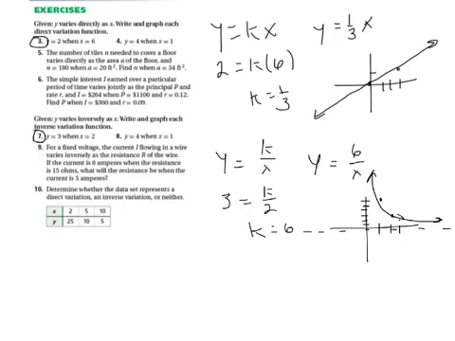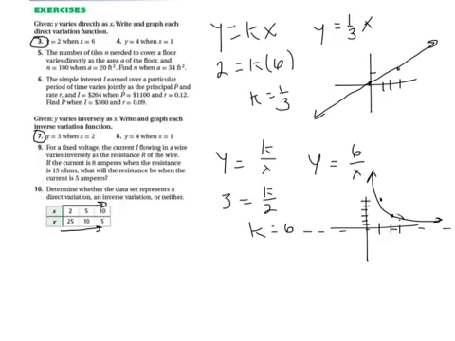And then they ask, determine whether the data set represents direct or inverse variation or neither. Well, direct variation has to have a constant. So does inverse. And as x gets larger, y needs to get larger for it to be direct, or in this case, y is getting smaller. So then we just need to see, is there a constant between them?